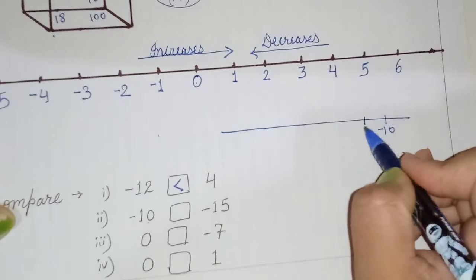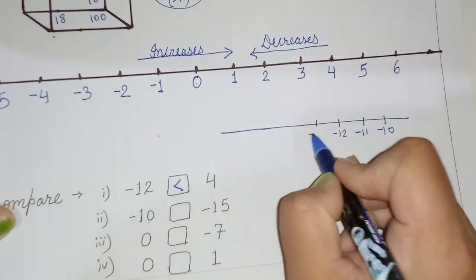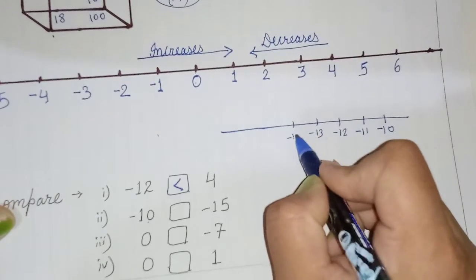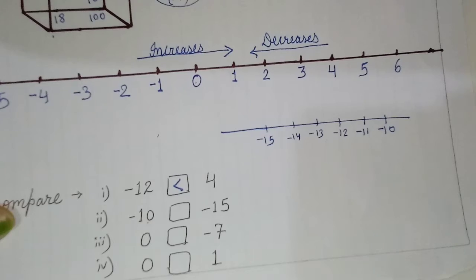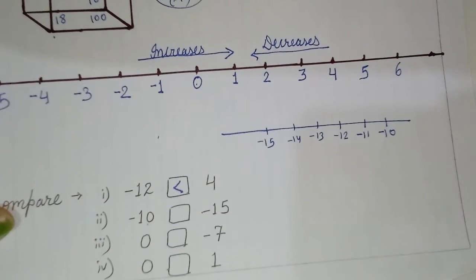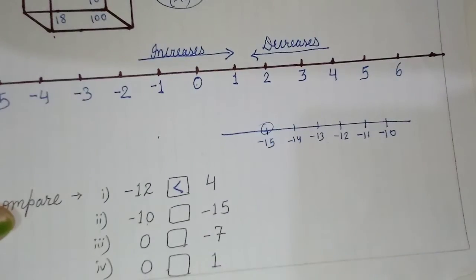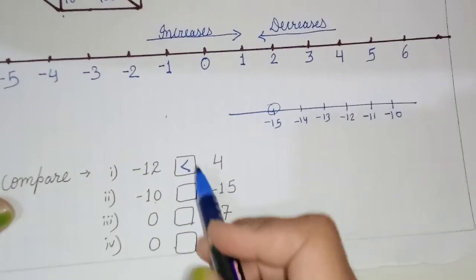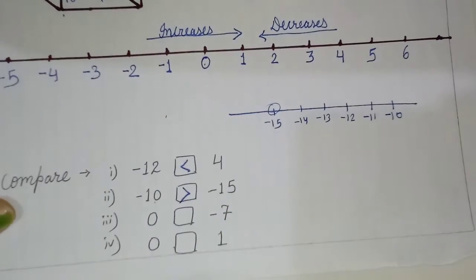After minus 10, minus 11, minus 12, minus 13, minus 14, minus 15. So who is coming to the left side? Minus 15 or minus 10? Correct, it's minus 15. Minus 15 is coming at the left of minus 10. So minus 15 is smaller than minus 10.